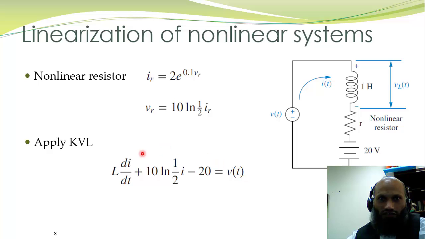In this differential equation, this term is causing nonlinearity, so we would like to find its linear approximation by using Taylor series. So we want to find the linear approximation of this nonlinear function.